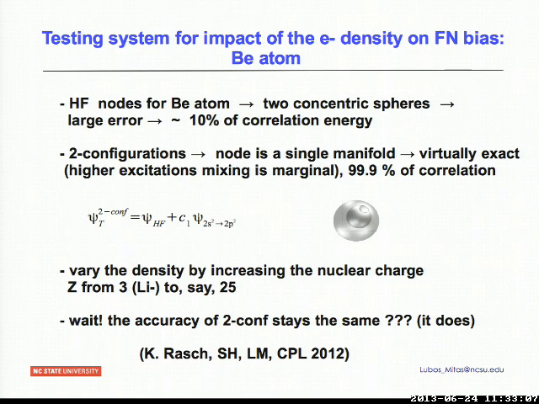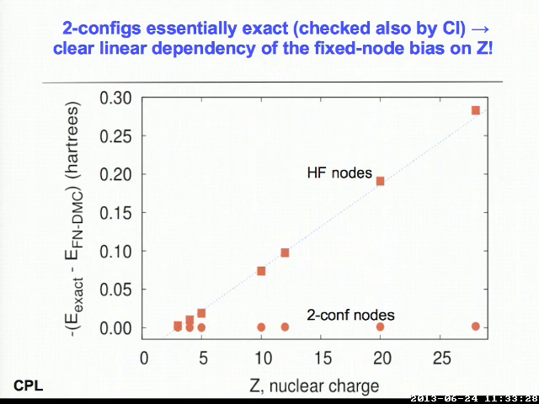That's actually this thing which I showed before. And now let's try to vary the density by increasing the nuclear charge effectively from lithium minus, say, to Z equal 25. And does the accuracy still hold? Okay, so this is how it looks. This is the fixed node error as a function of the nuclear charge.